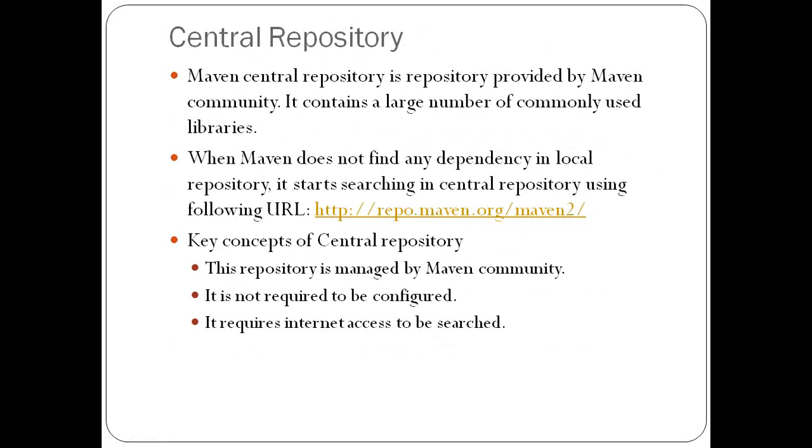The key concept is that this repository is managed by the Maven community and it is not required to be configured in our pom.xml or settings.xml. It requires internet access to be searched. If you don't have an internet connection on your system, it will not check the central repository and your build will fail.